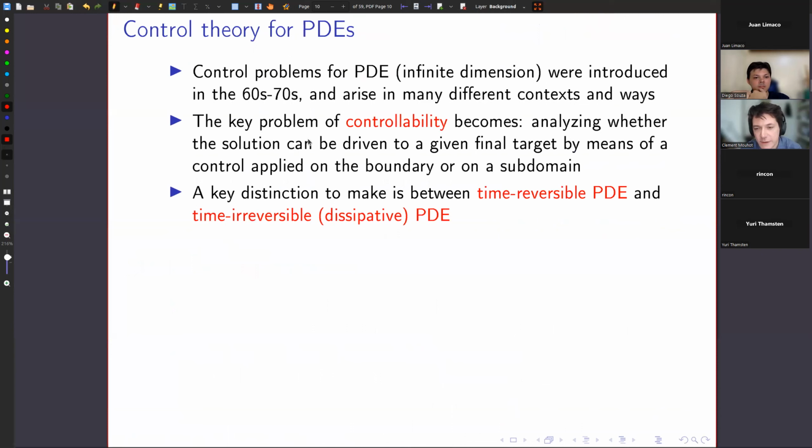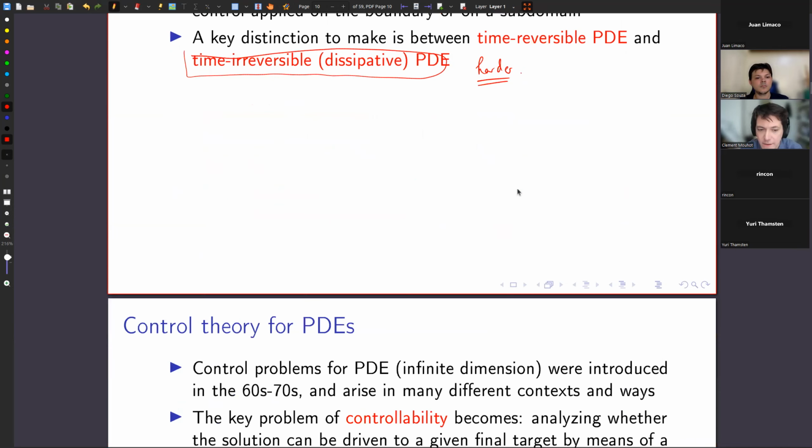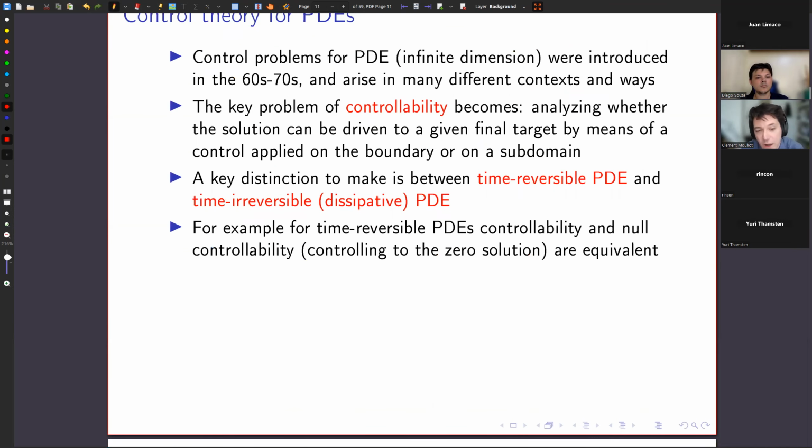Now, there's a key distinction to make. I'm almost done with the very general introduction. I'm going to do equations in a second. There's a key distinction to make between time reversible PDEs and time irreversible PDEs. The latter, these ones, are usually significantly harder to study, but also more interesting mathematically. The reason is that, for instance, for time reversible PDEs, it's enough to know how to drive any initial state to one final state, for instance, 0.